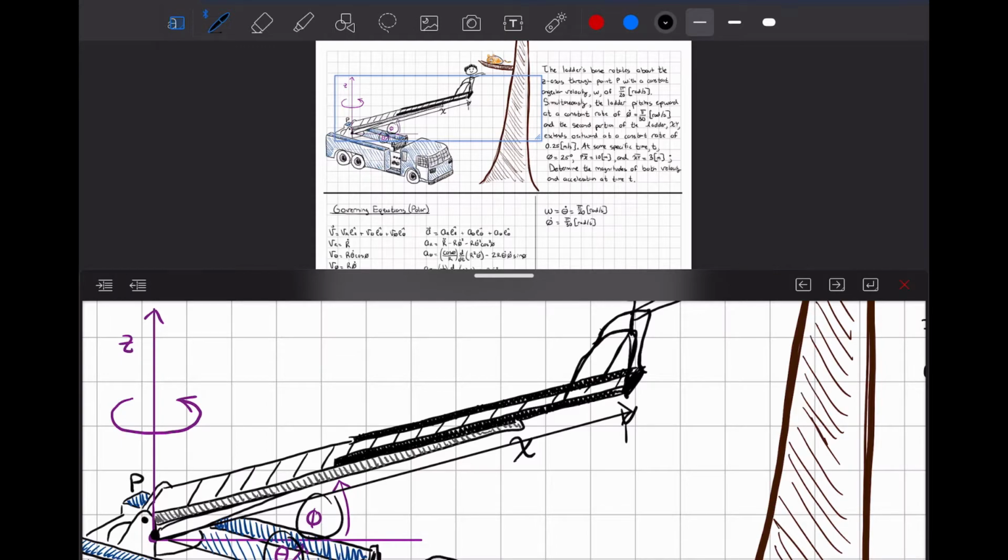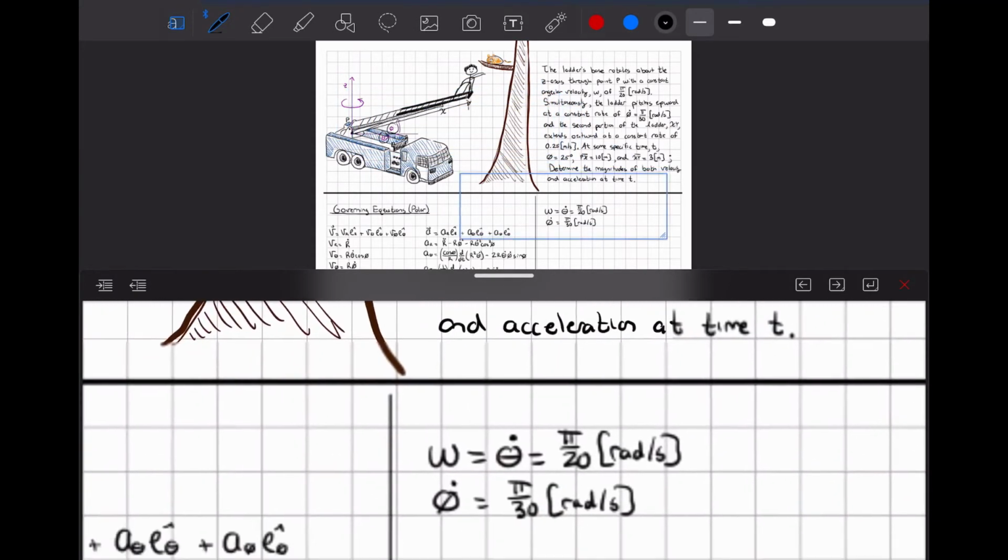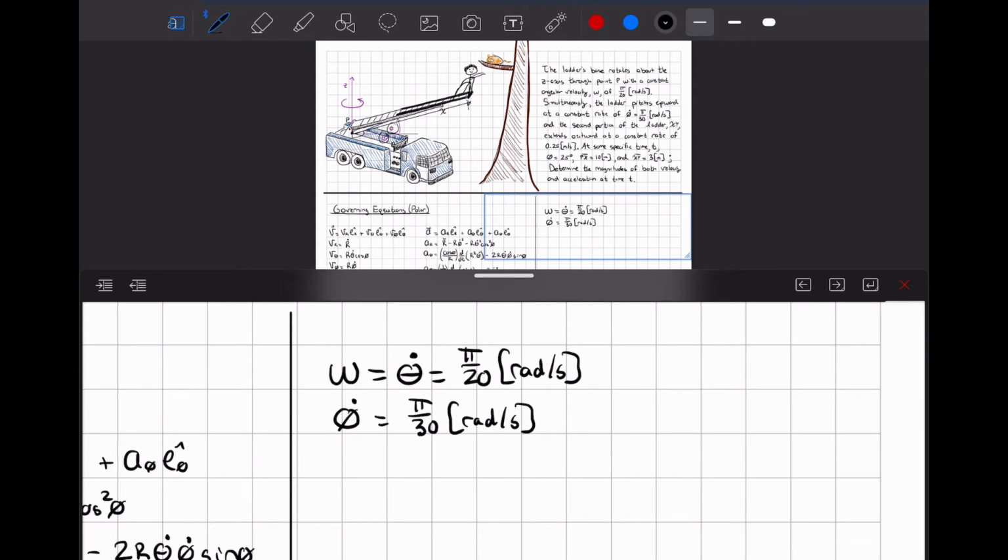So we're saying px does not change in this problem. And so we can write that r is equal to px plus xy.